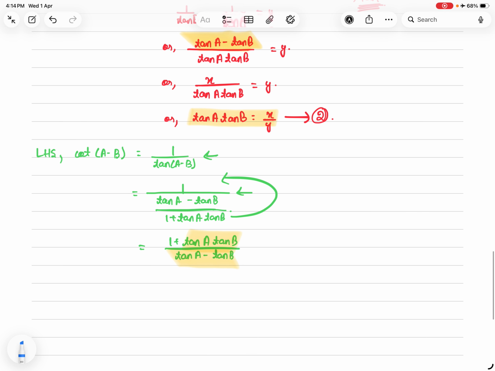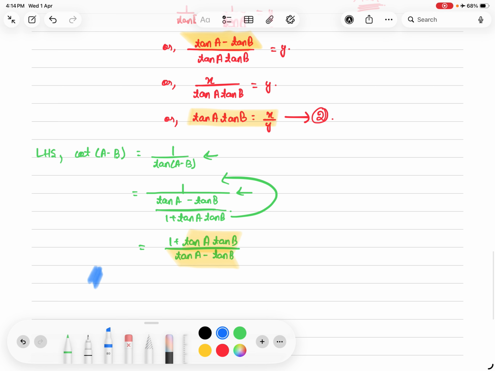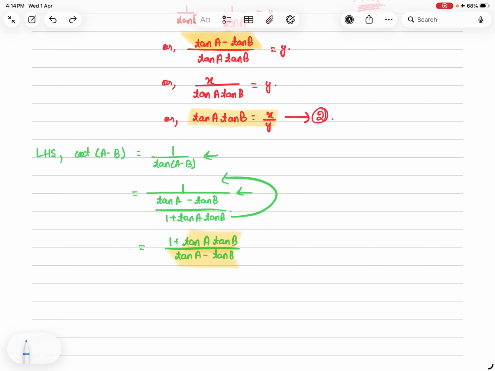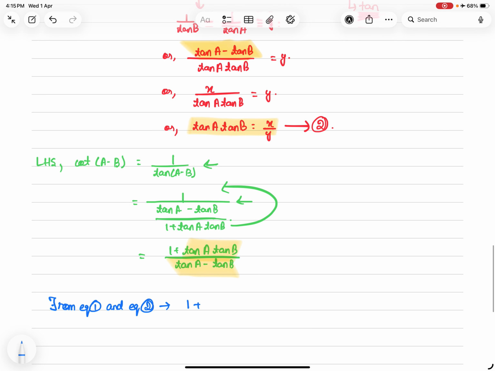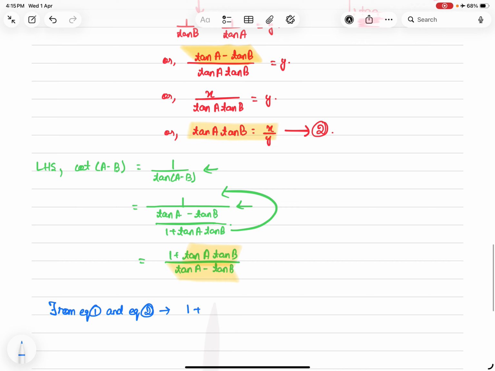Okay. From equation 1 and equation 2, we can say that 1 plus tan A tan B is x by y. We have gotten from equation 2, divided by x, right, from equation 1.